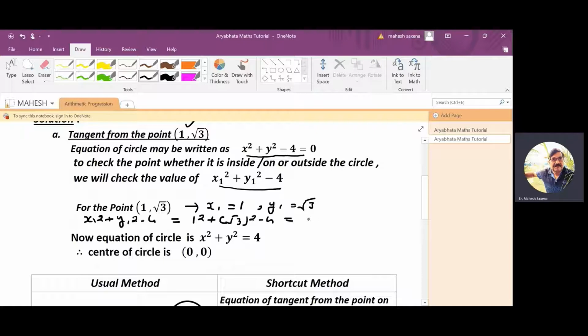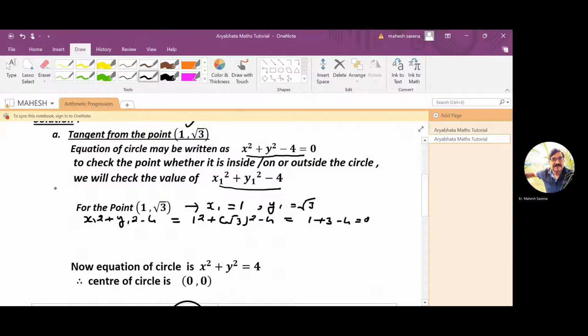That is equal to 1 plus 3 minus 4, that is equal to 0. Implies that the point 1 comma root 3 is on the circle.